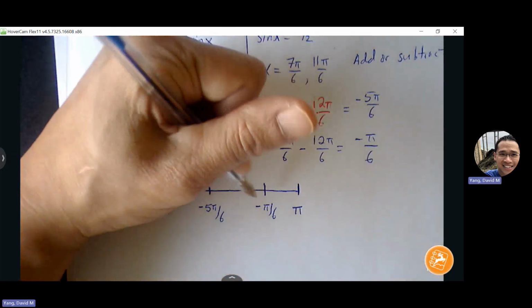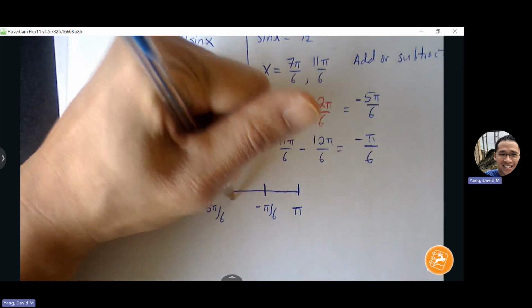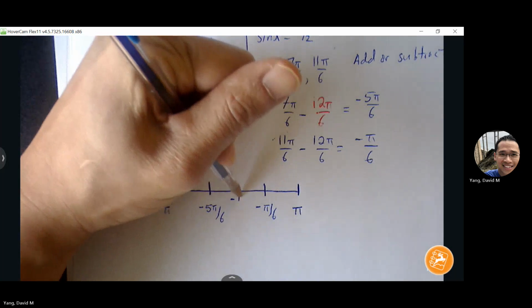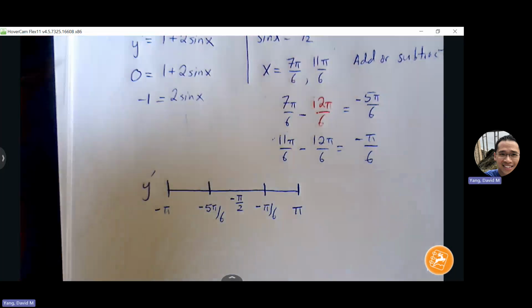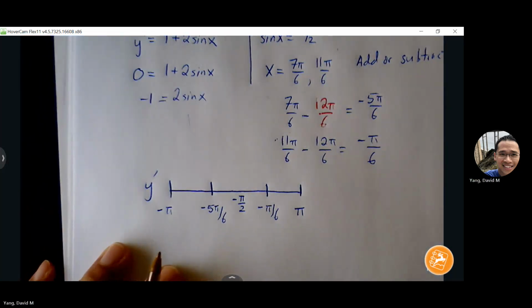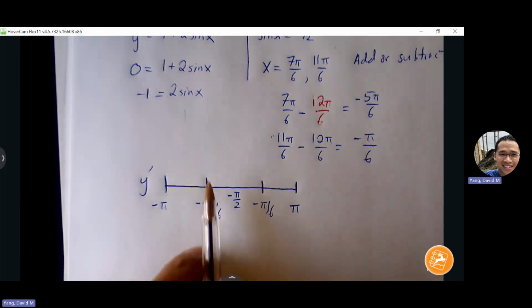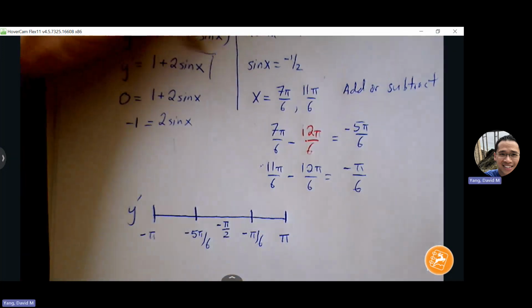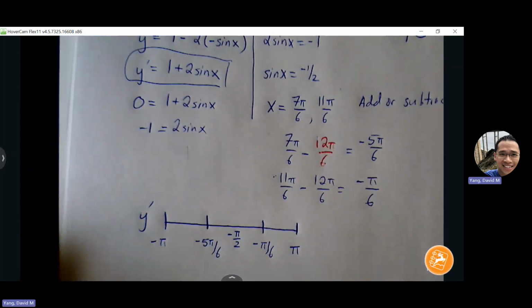So why don't we do negative pi over 2. Let's insert negative pi over 2 into this first derivative function and test that sign.